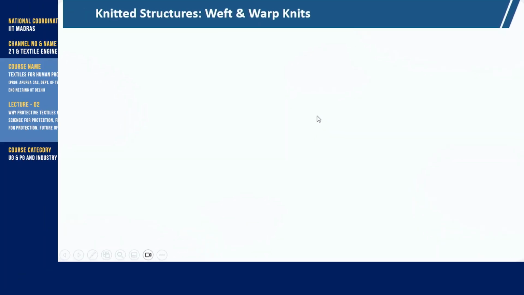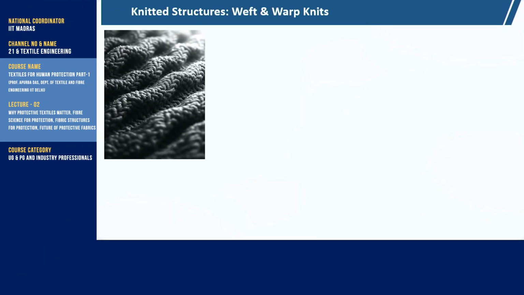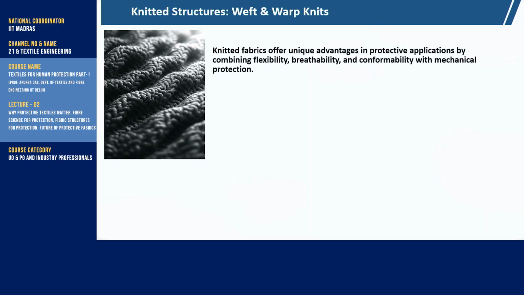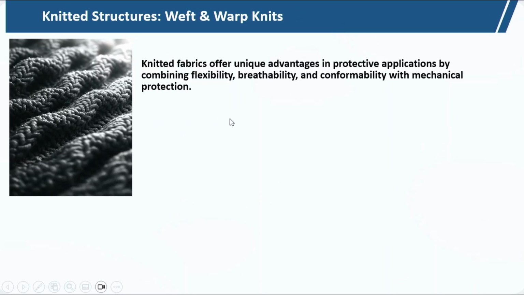Knitted fabrics are of two types, weft knitted and warp knitted. These knitted fabrics offer unique advantages in protective applications by combining flexibility, breathability and comfort. If we create a knitted fabric with comfort characteristics, it will create protective textile with high comfort.